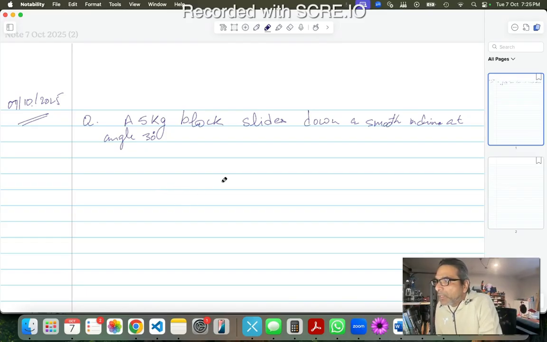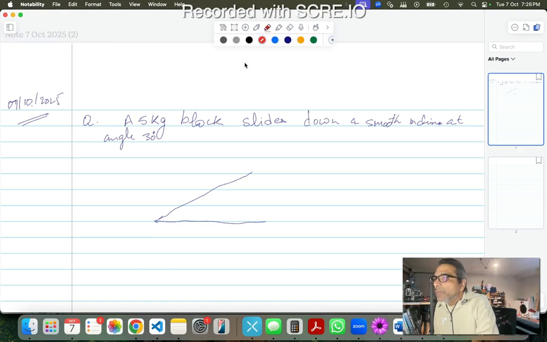So let's see. We have an incline, right? So this will be the incline. Then let's take some block on it. And this angle is 30 degrees.